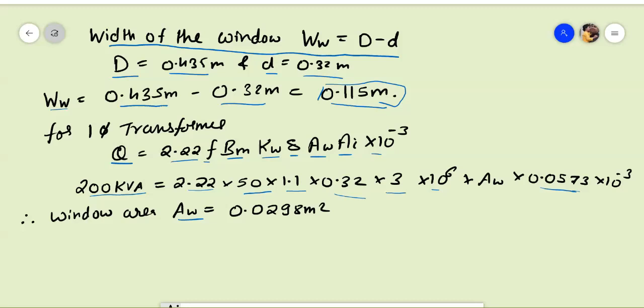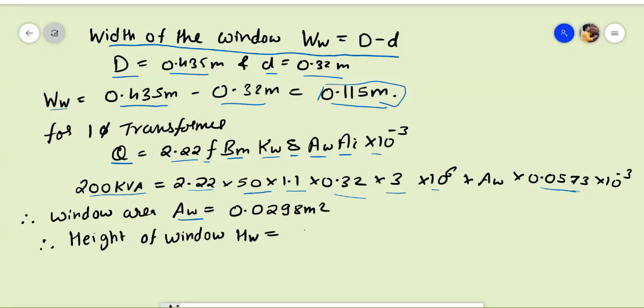So window area Aw is equal to 0.0298 meters square. And then we can also find the height of window Hw.